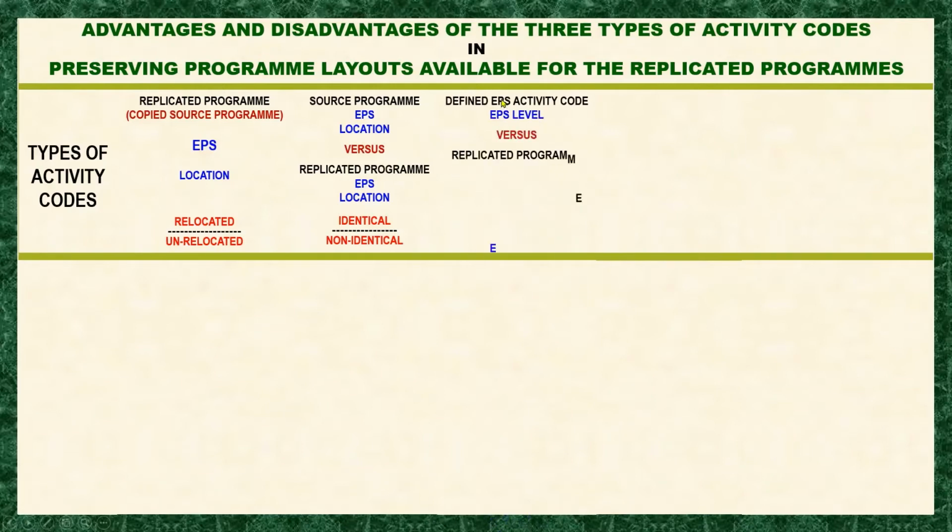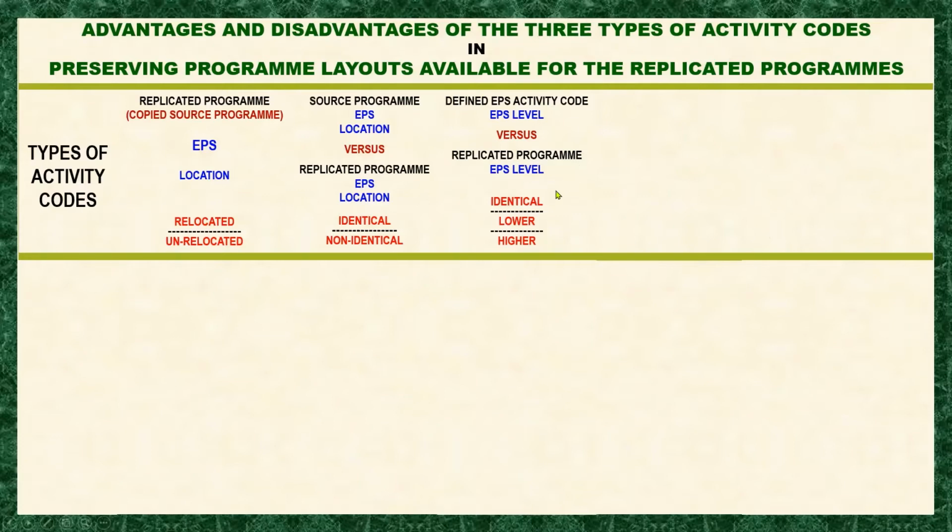Next is the defined EPS activity code EPS label versus the replicated program EPS label. If you can remember, we defined the EPS activity code into the level A2 of the EPS A. So we will be comparing it to our replicated program later.